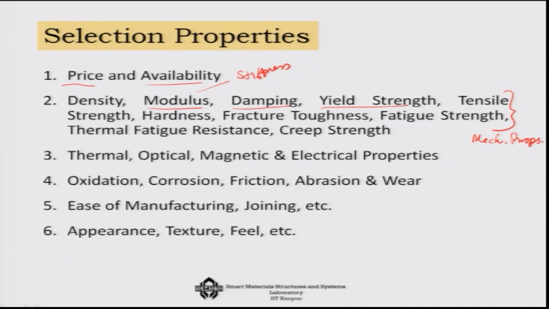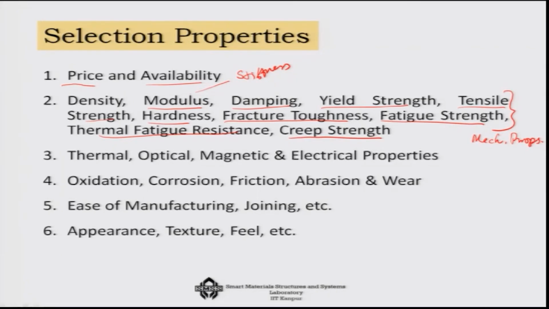Then the yield strength, the tensile strength, the hardness, fracture toughness, fatigue strength, the thermal fatigue resistance, particularly if it is for a high temperature application, as well as the creep strength. So, these are certain very important mechanical properties.